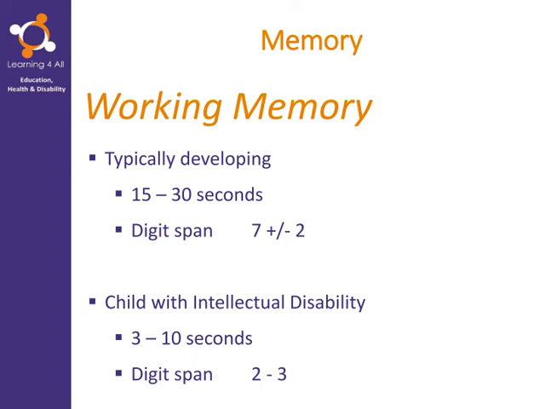In all likelihood, it was more than 2 or 3, which meant a child with an intellectual disability in your class would not have been able to understand. They wouldn't have had the working memory capacity to manipulate that information, and it would have been lost, discarded. Children with disability generally range anywhere from that 2 to 3 up to the adult 7 plus or minus 2. And again, it's dependent on it being a good day, an average day, a bad day, etc.